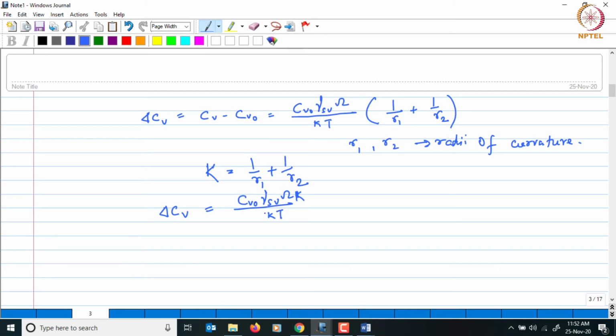Here this k, the small k, is the Boltzmann constant, and the capital K is the curvature.